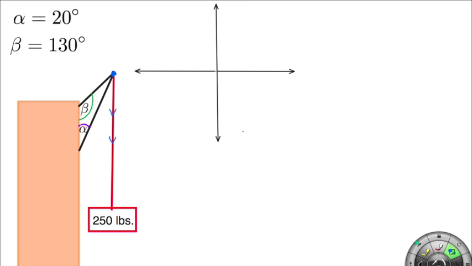So here we're going to start it at the origin and go straight down. I'm going to make that a little thicker. There we go. Nice vector going straight down. And it's pulling with a force of 250, or its magnitude is 250. Now we just have to figure out what these other two supports are doing.